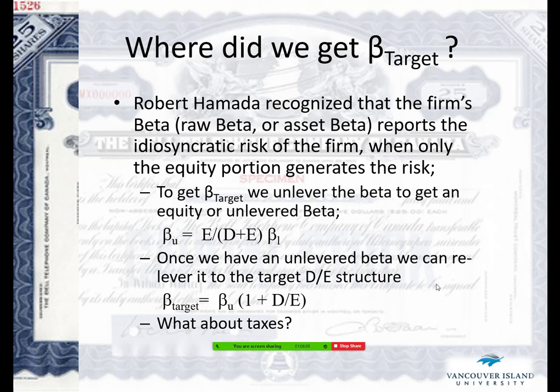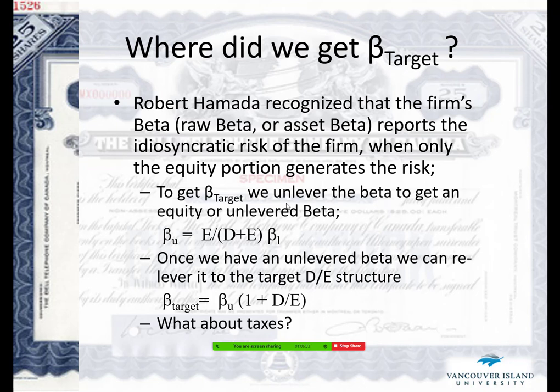So only equity generates the risk. So in order to take the asset beta, or the raw beta, or the leveraged beta, to get the target beta, we have to unlever the beta to get an all equity or an unleveraged beta.